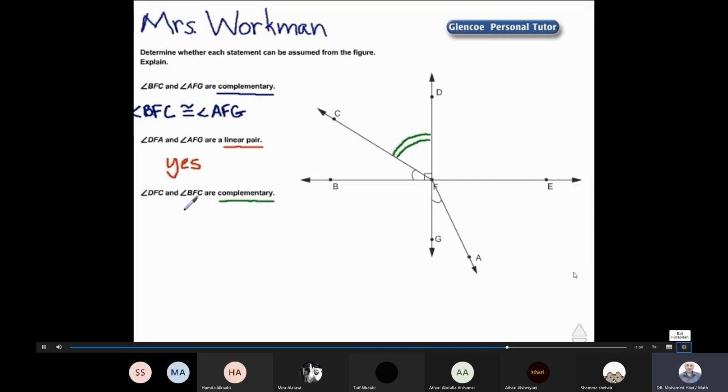And we're to also consider angle BFC. BFC is right here, and it has this single angle mark right in there. All right, you'll notice that these are adjacent angles. They form this larger angle DFB, this one.